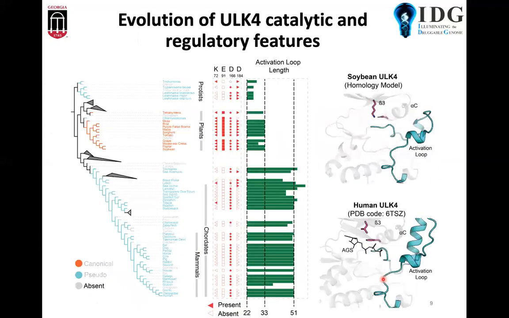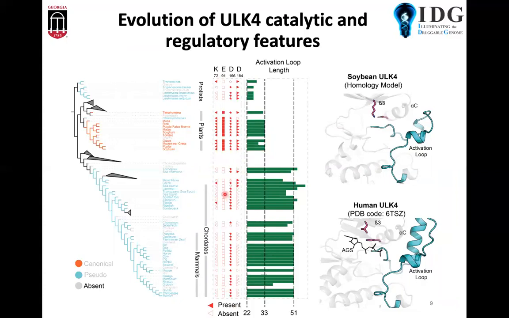This is when we started looking at the orthologs of ULK4 from diverse organisms. What was interesting was that some of the plant and protist ULK4s actually conserve some of the canonical active site residues, the functional counterparts, and this divergence of the active site residues only selectively happened in mammalian ULK4.